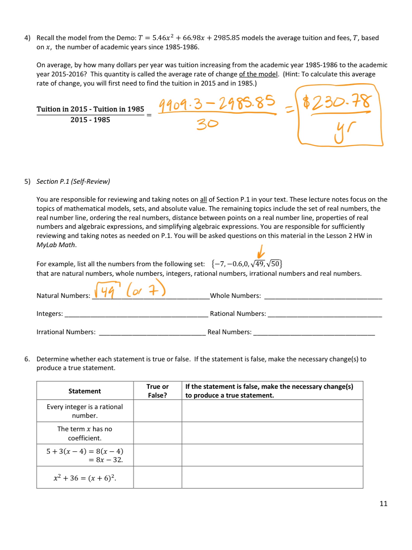0 is not considered a natural number, but it is considered a whole number. So any whole numbers would be 0, 1, 2, 3, 4, etc. So it's all the natural numbers plus 0. So whole numbers would be 0 and square root 49. Integers are positive and negative whole numbers. So that would be the negative 7, the 0, and the square root of 49.